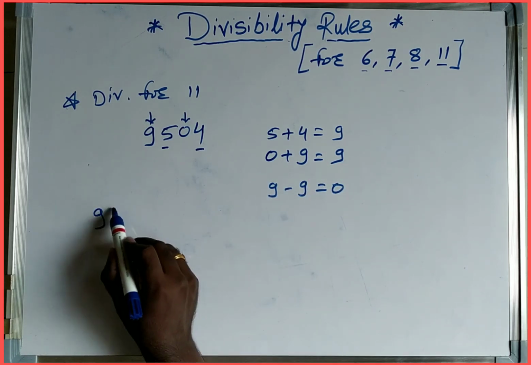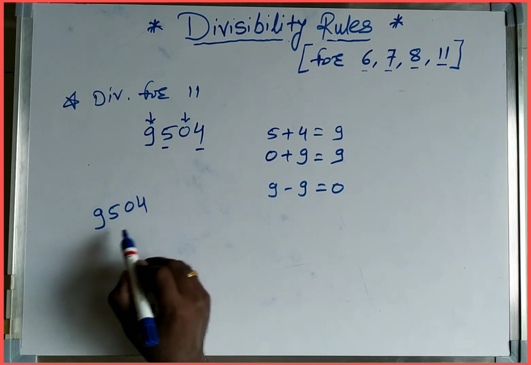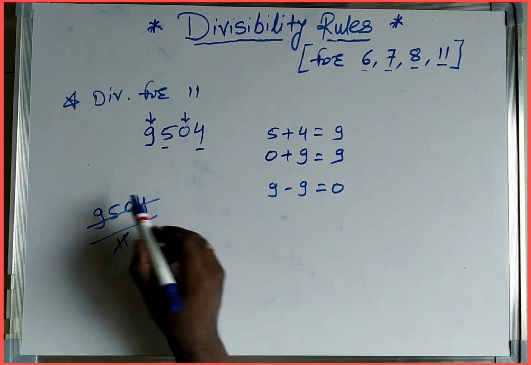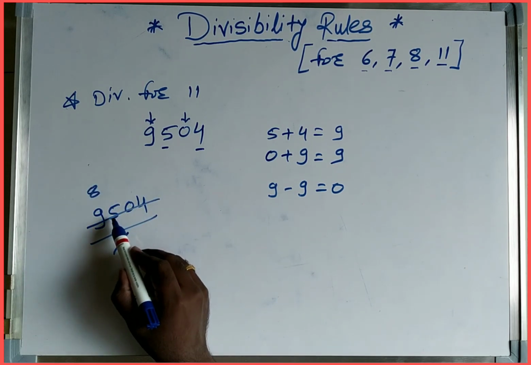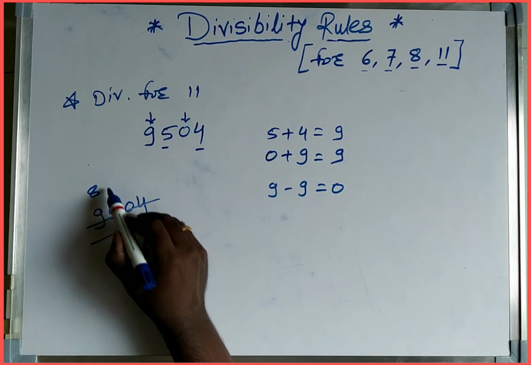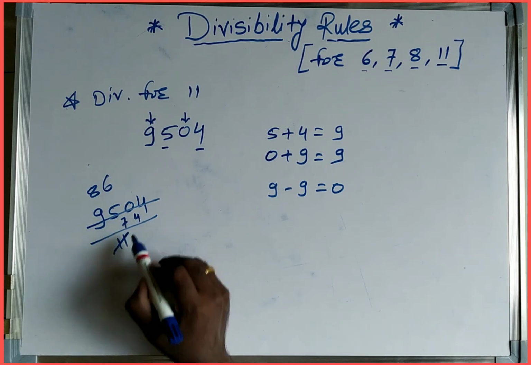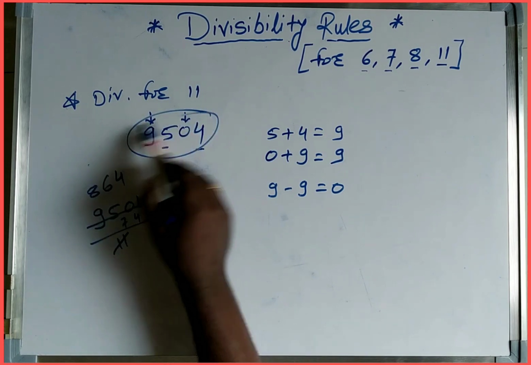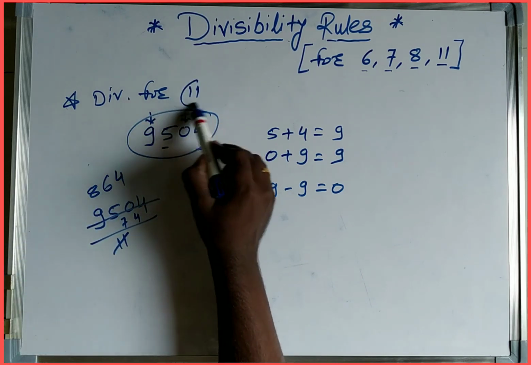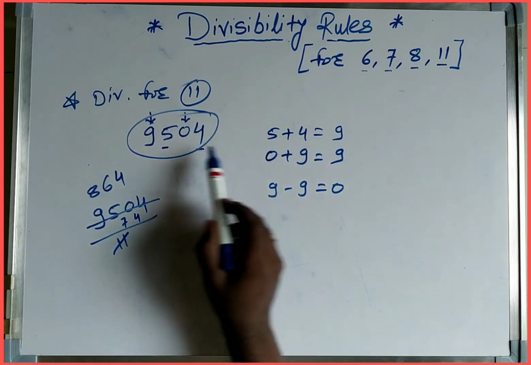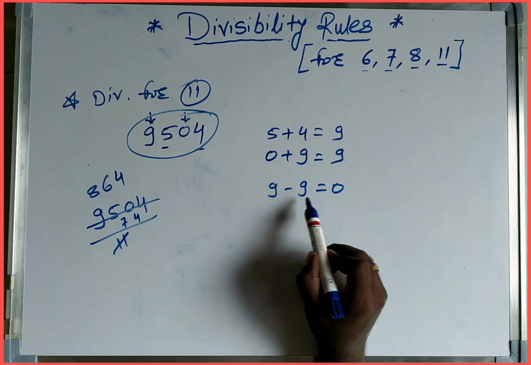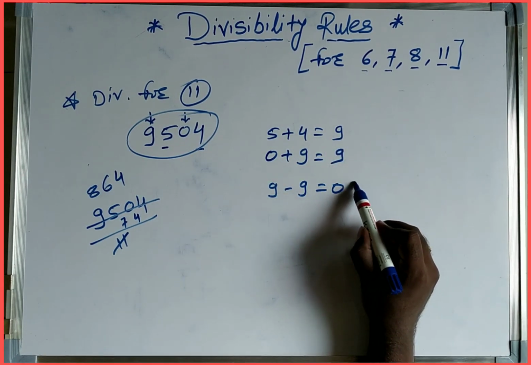Now 9504 divided by 11: 11 8s are 88, 5 plus 2 is 7; 11 6s are 66, then 4 is remaining, and 11 4s are 44. So 9504 is completely divisible by 11 because the sum of even placed digits and the sum of odd placed digits have a difference of 0.